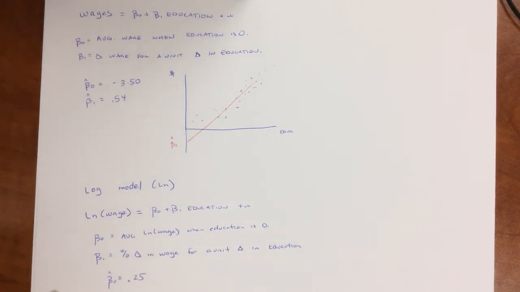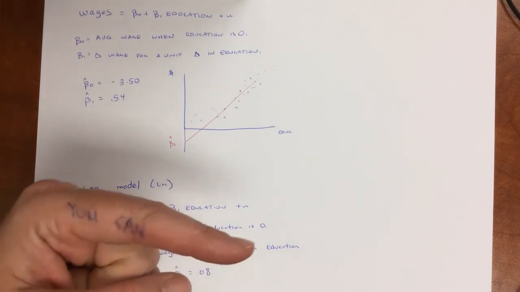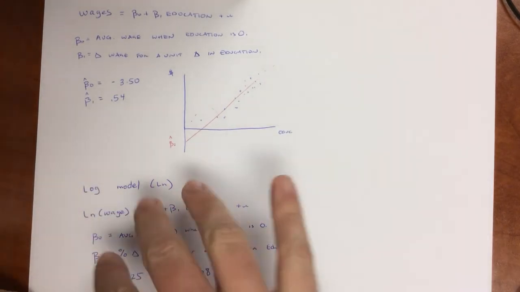So that's in log points. That's not a percentage. And if beta 1 hat is then 0.08, this tells me that I'll get an 8% change in wage for a unit change in education. So for each additional year of school I go to, I'll get an 8% change in wage. And you can do that. All right, this is a log model you can do.